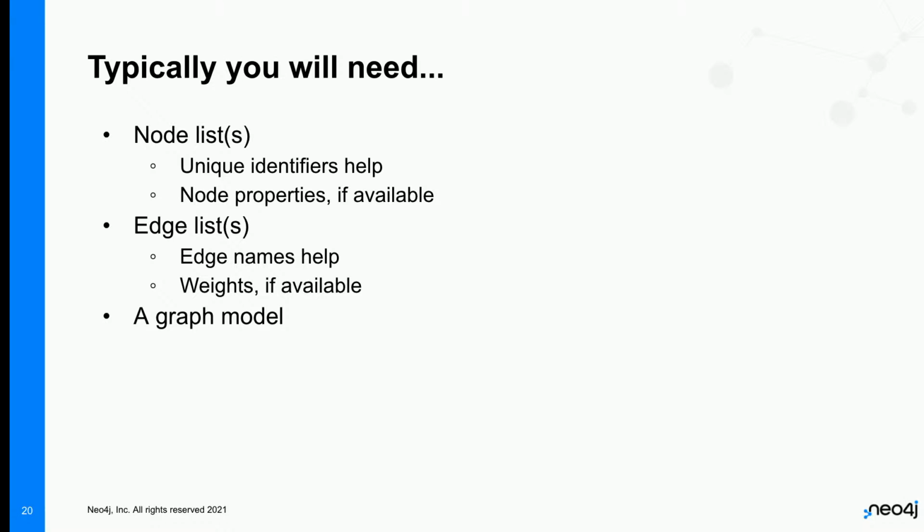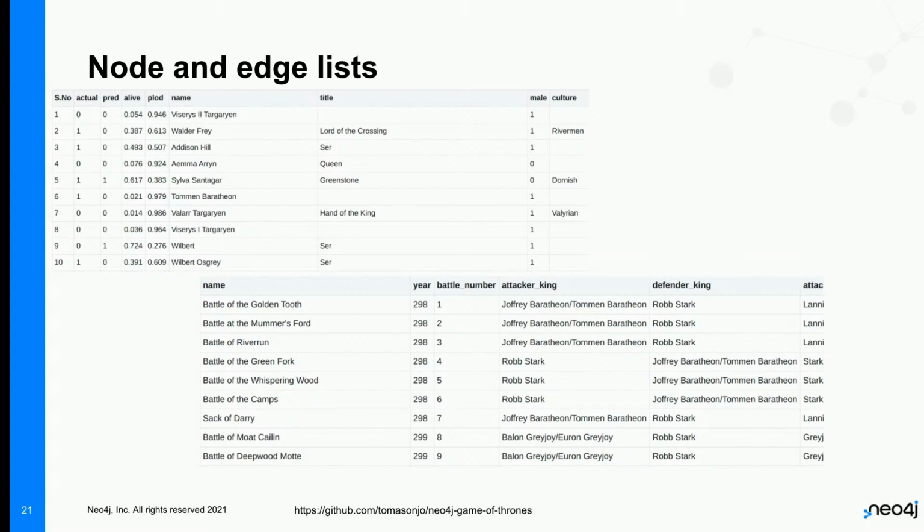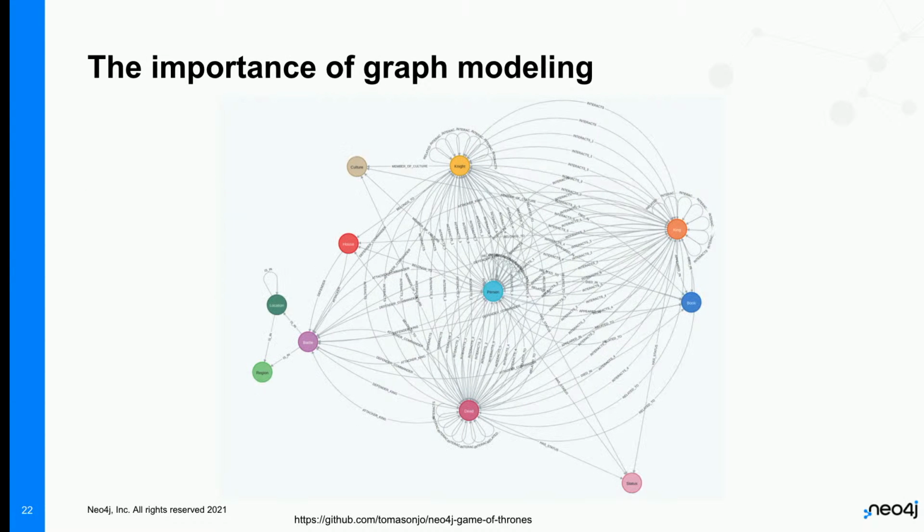The rule of thumb generally with graphs is start as simple as you can and then worry about elaborating over time. Don't try to have the perfect model that's going to predict what you need 5, 10 years from now. You can evolve the model over time. And actually, I'll come back to this point in a few slides. So you get a list of nodes, you get a list of edges, you mash those things together and you get a graph. This is the slide that is about the importance of graph evolution.